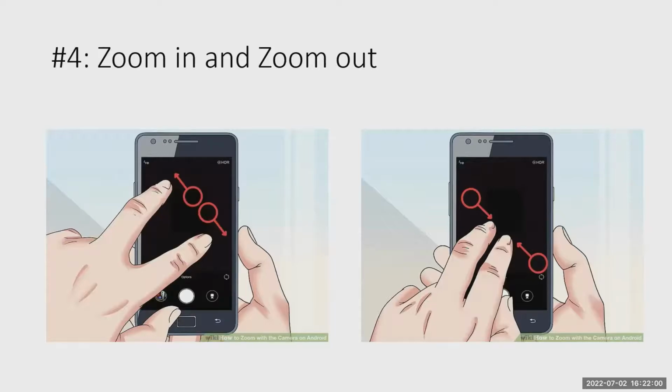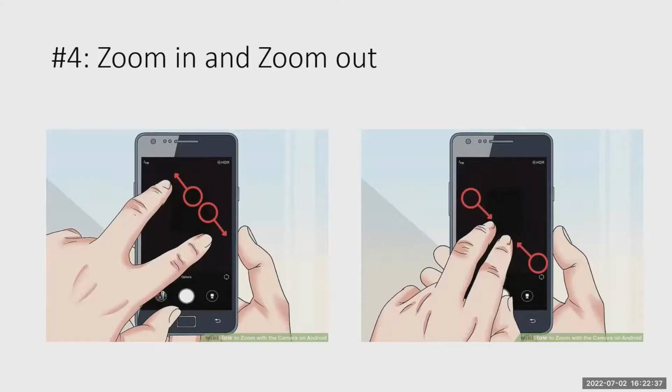But the problem is when your camera does not have an optical zoom. It only has a digital zoom. So the pictures you get from a zoomed-in shot are not going to be great. If you want to take a printout, or blow it up, it's going to look very, very pixelated. So it's always better to move closer to the subject and take a picture rather than using the zoom feature in your mobile phone camera.